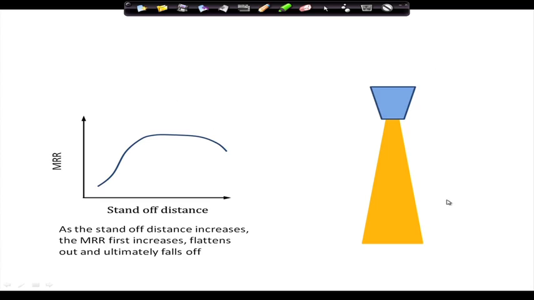So, first of all let us move on to the subject directly. Standoff distance. What does standoff distance mean?